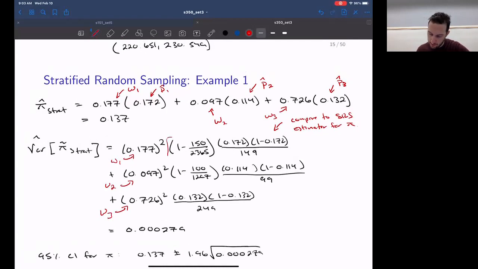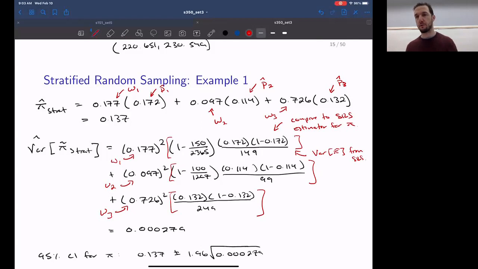But then inside each of these, this is just the SRS estimator for the variance of the estimator for pi, right? So this part here is really just the variance of pi hat from SRS. So there's a lot of overlap between how the stratified approach works and how the SRS approach works.